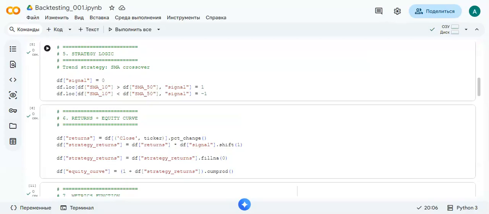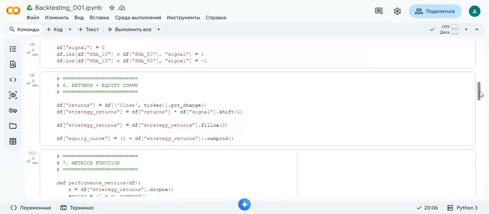When the simple moving average of 10 crosses up the simple moving average of 50, we're going to buy, meaning that we have positive 1. And when the simple moving average of 10 crosses down the simple moving average of 50, meaning that fast crosses down slow, we are going to sell, which is -1. So here we have two signals, right? And we are doing this for 10 years, as a reminder.